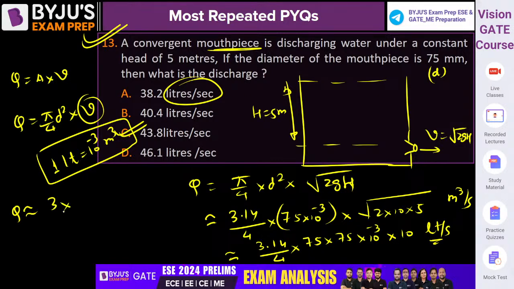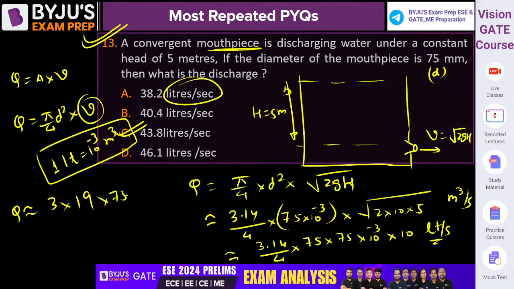So 3 into 475 divided by 4. It is like this.